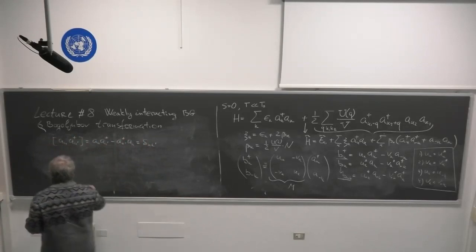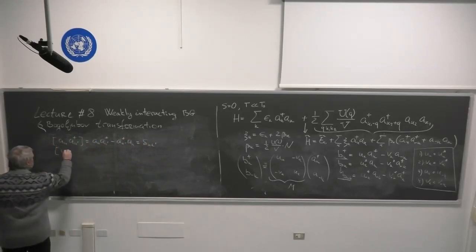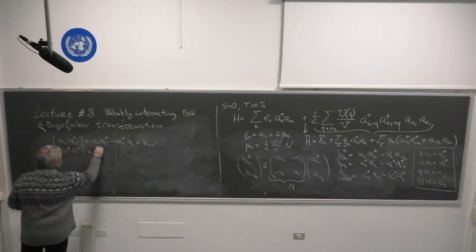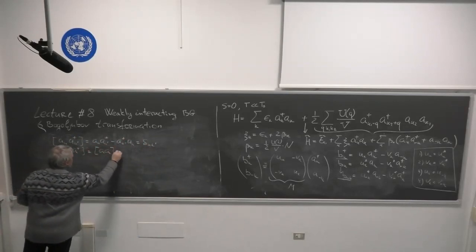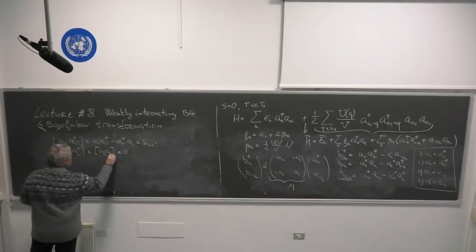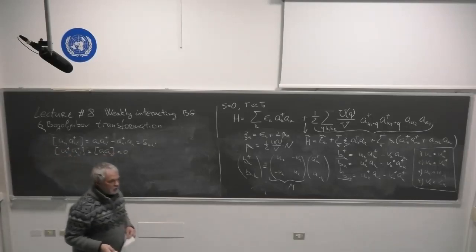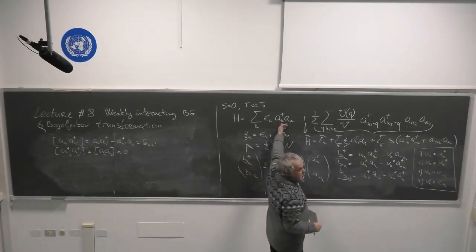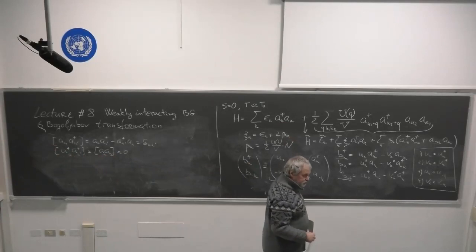The commutator of two creation or two annihilation operators, A dagger A dagger, is equal to the commutator A A, equal to 0. These are bosonic commutation relations defined for my initial Hamiltonian.